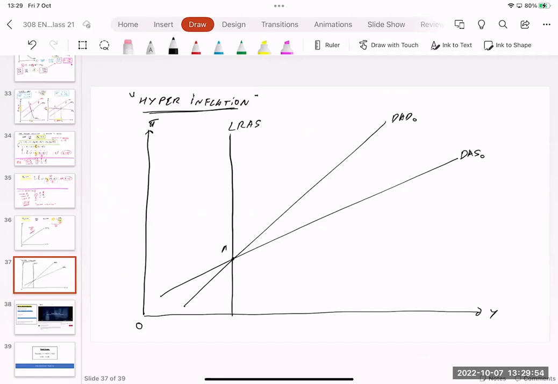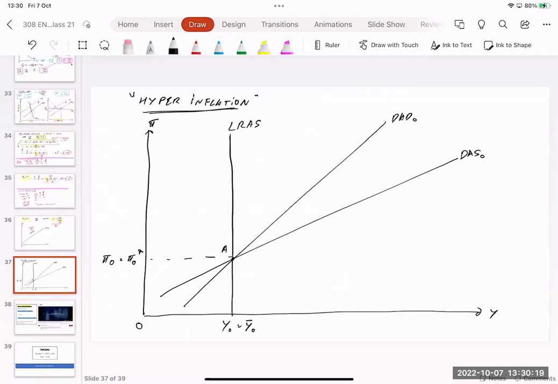The equilibrium point is here, point A, y0 equals y bar, pi 0 equals pi star. GDP equals the full employment level where everyone has a job, and inflation equals the inflation target. Okay, at point A, everything is normal.